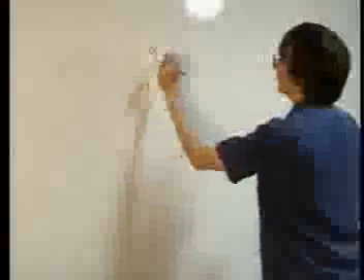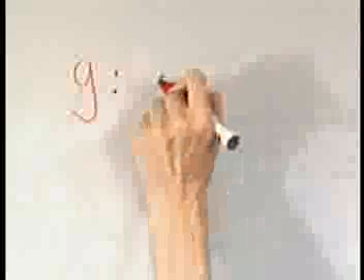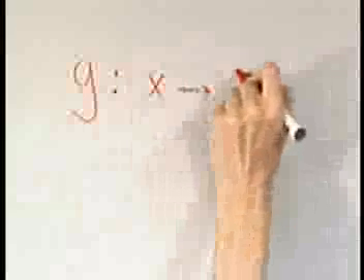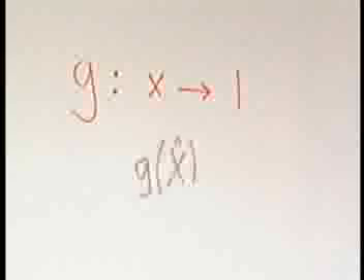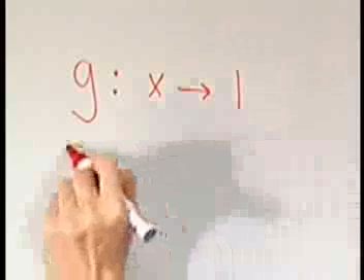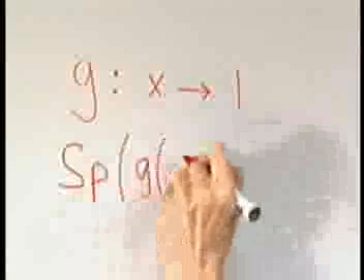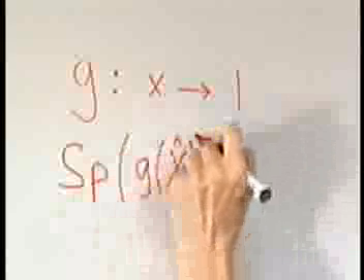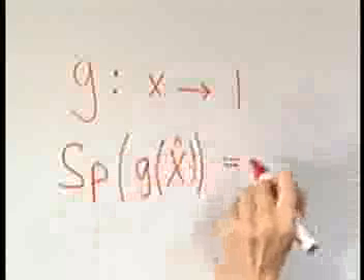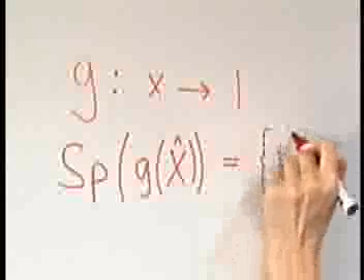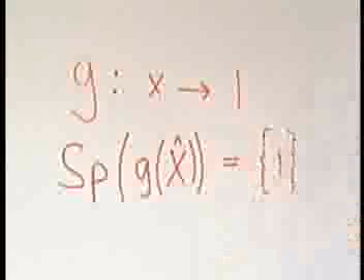Now, let g be the function that maps any real number to a constant, say 1. Consider the observable g of x. Its spectrum just contains a single element: the spectrum equals the set containing just 1. And therefore, to measure g of x, you don't even have to do an experiment.